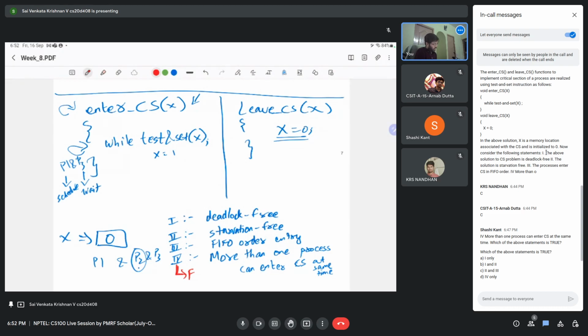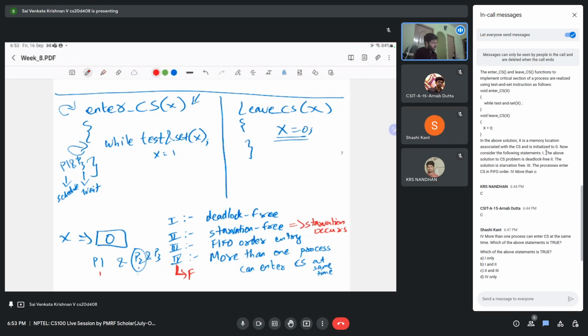Whether it is starvation free, I guess not. Starvation might occur, right? Because there is no guarantee that, say if P2 gets the lock and P1 and P3 are in waiting condition, there can be infinite wait time.